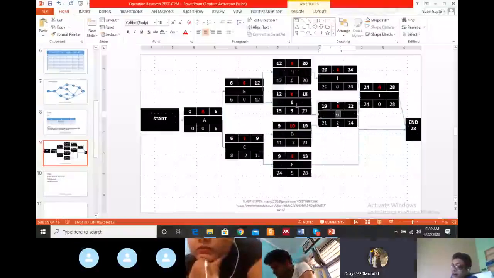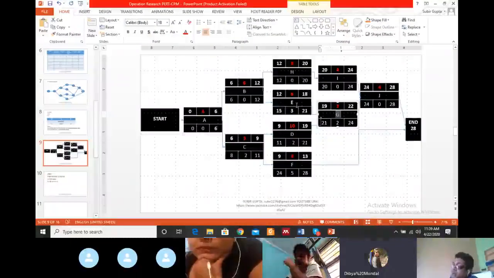And what is the earliest finish of D? 19. In that case, you take the maximum value of D and E. I repeat, G will start after both D and E are finished; it cannot start when only E is finished, so we have to consider whichever takes more time.